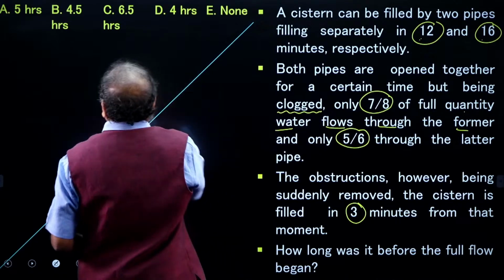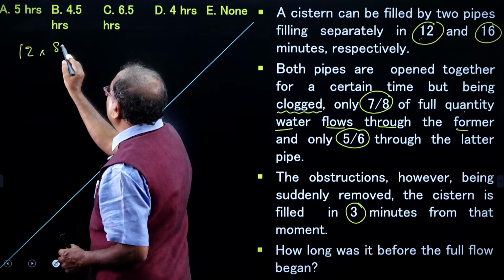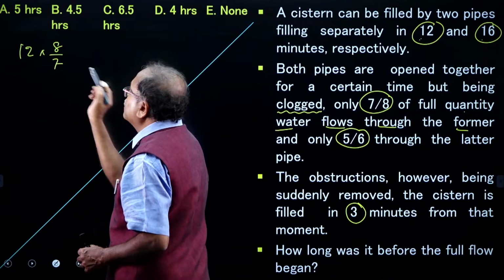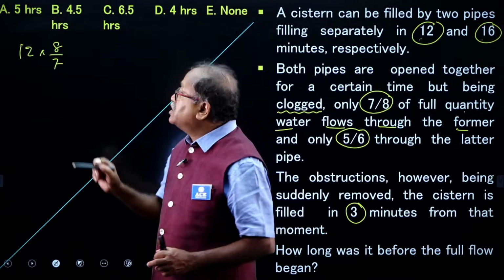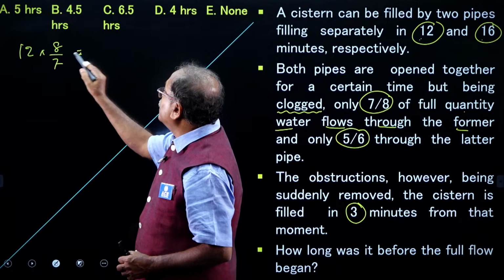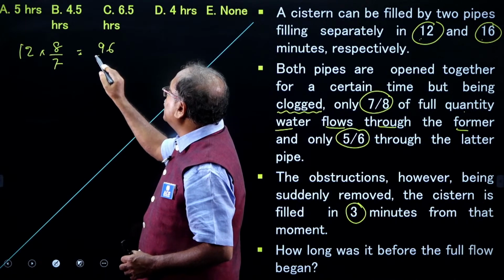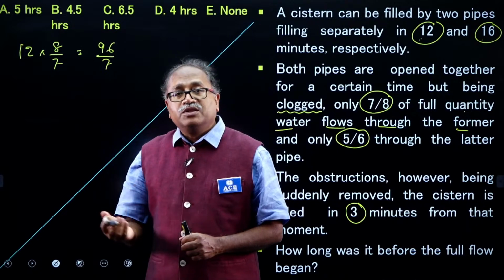Therefore, in the first case, this is the rough work, 12 minutes into 8/7, that will be the original time it will take because of the blockage, and that gives us 12 × 8 = 96/7 minutes.